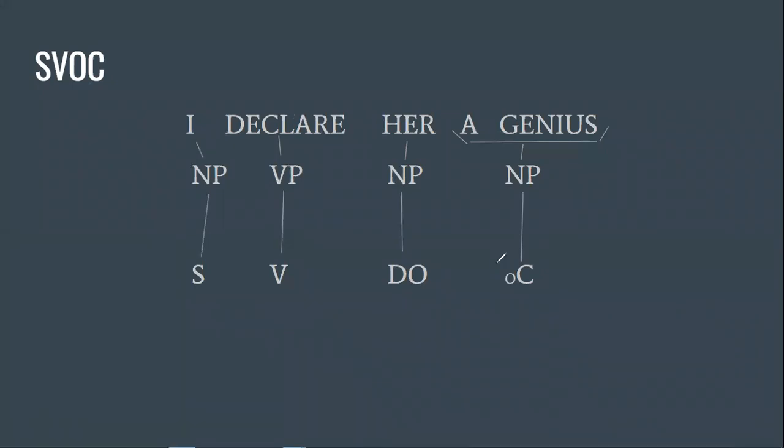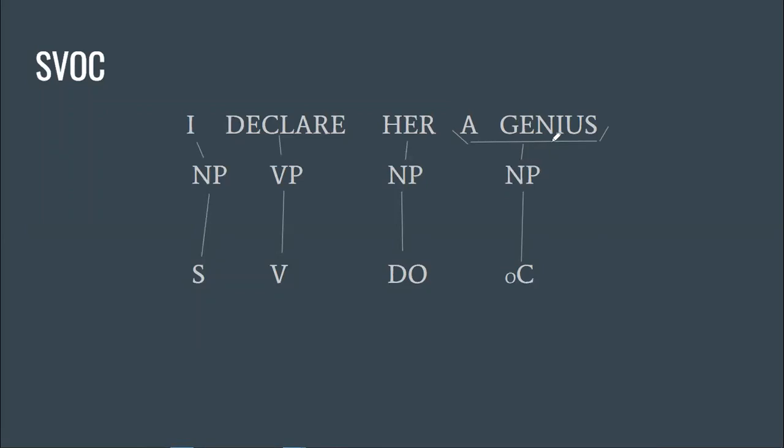In this case, SVOC, we have "I declare her a genius." Sorry, I didn't realize that I wasn't reading the sentences. "I," noun phrase, which is a subject. "Declare," which is a verb, right? "Her," which is a noun phrase again, and is acting as a direct object.